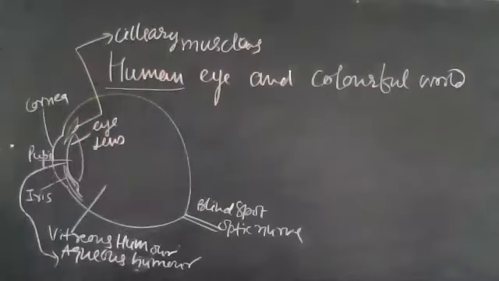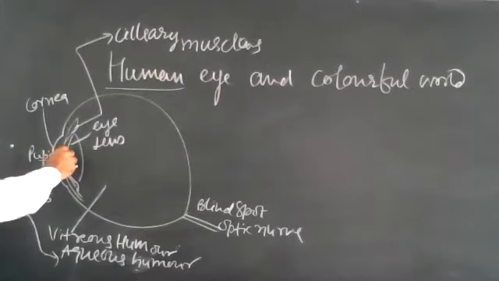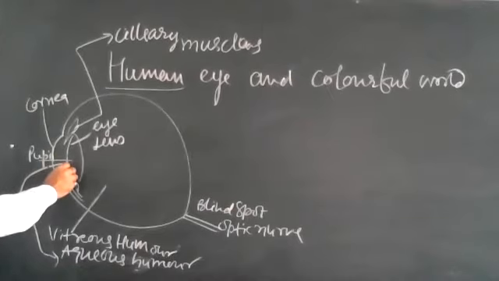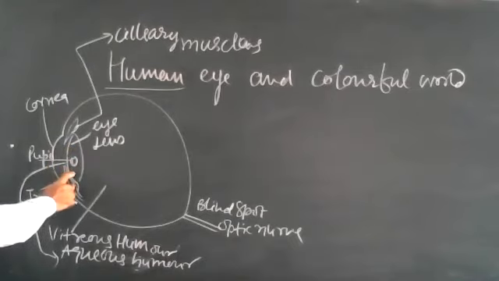Behind the cornea you can see the iris with a hole in its center. This hole is called the pupil of the eye.